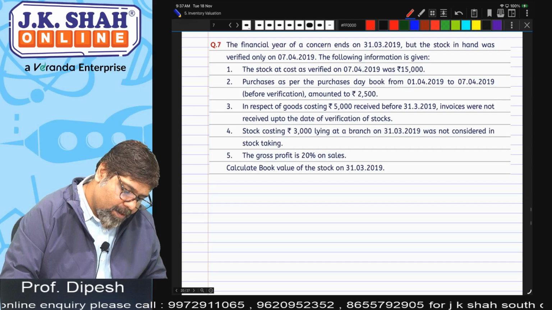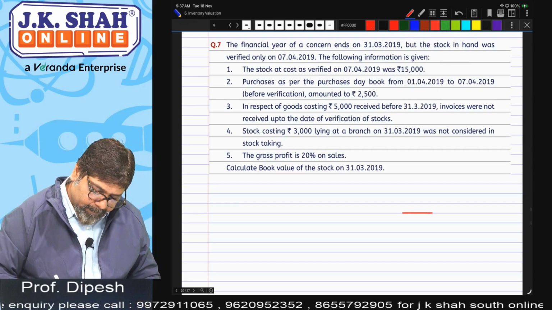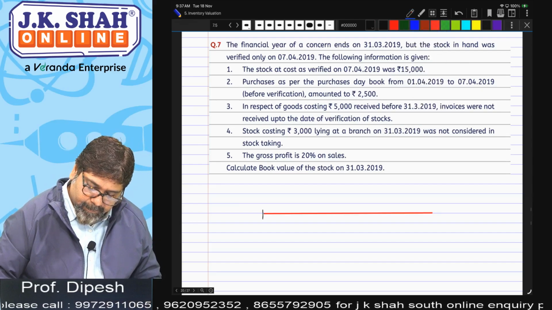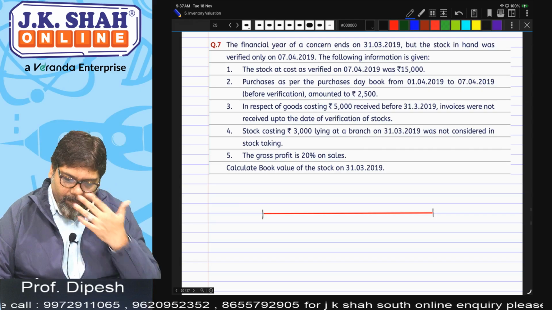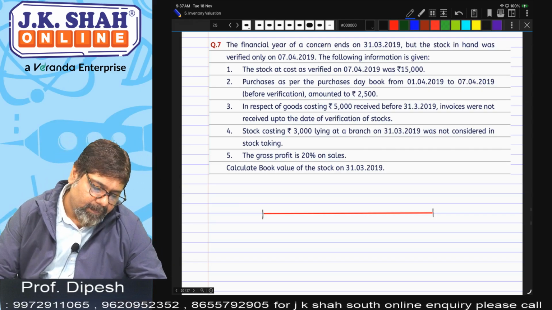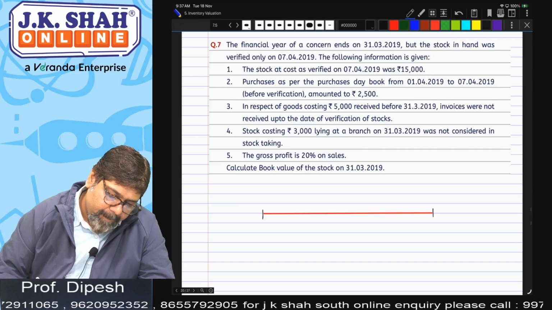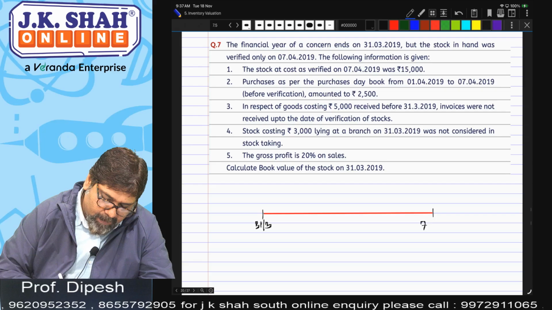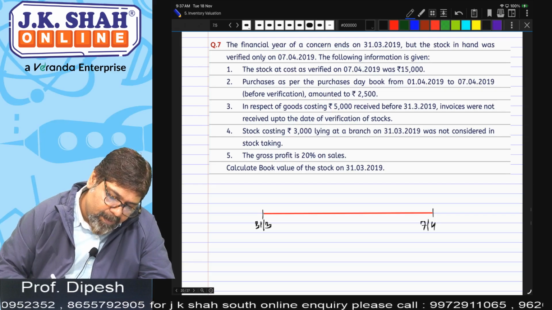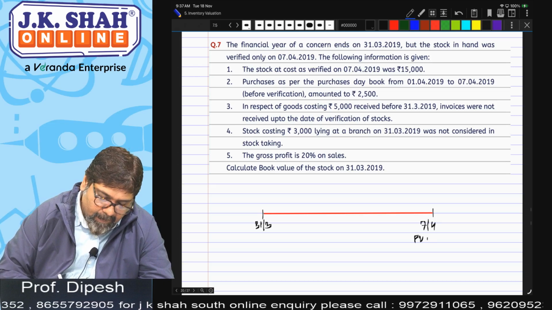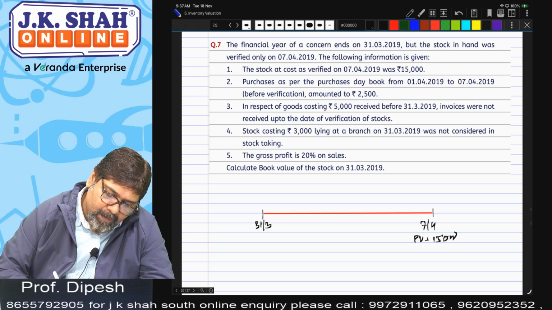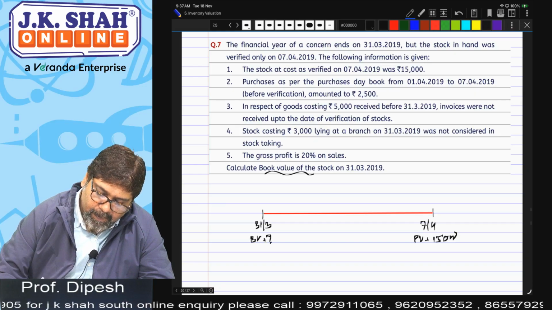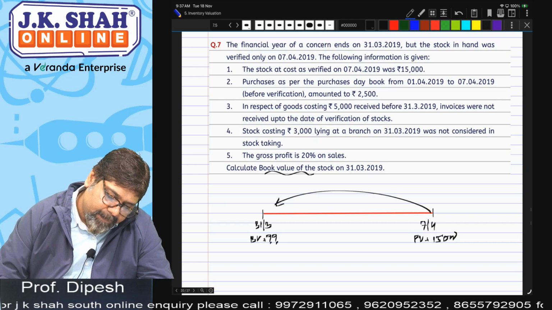Oh my God. Now chartered. It says 31st of March, 7th of April. On 7th of April the physical value is there, and you are supposed to calculate book value on 31st of March. You'll always move towards 31st of March.